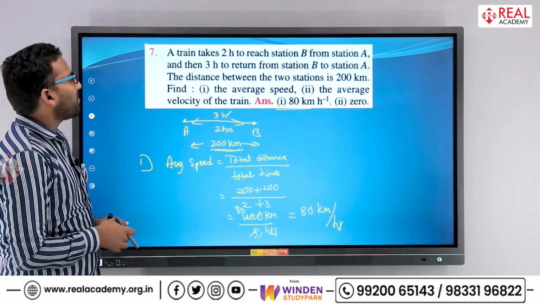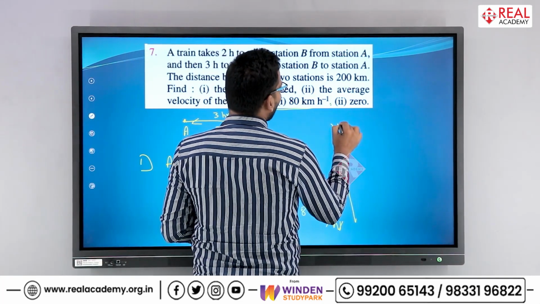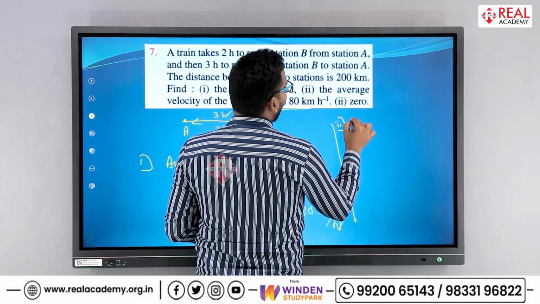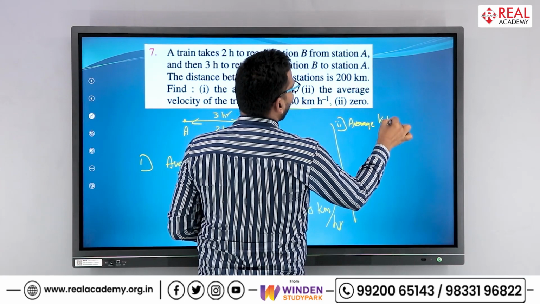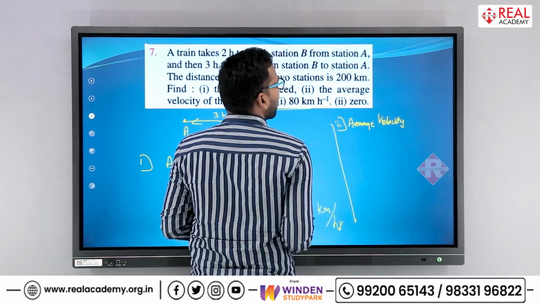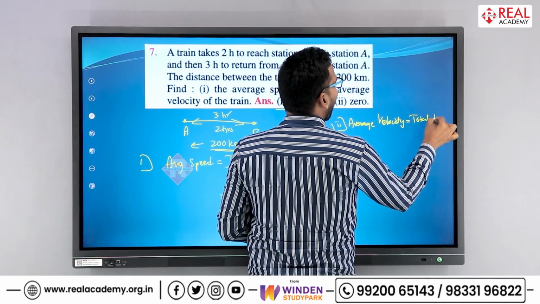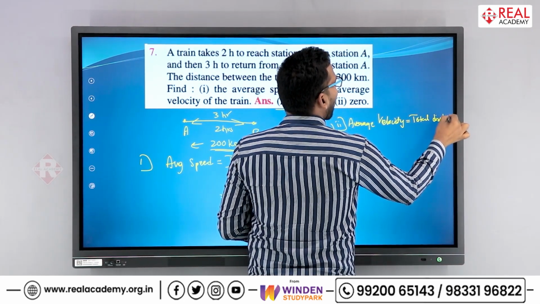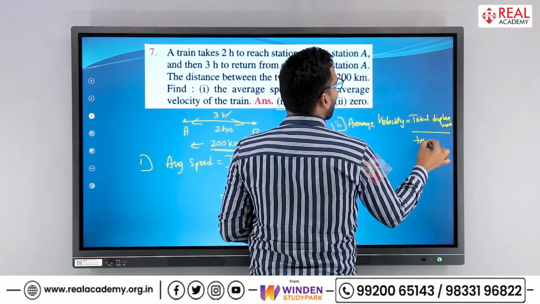Now second question, the average velocity. So what's the formula for average velocity over here? The average velocity is equal to total displacement upon total time.